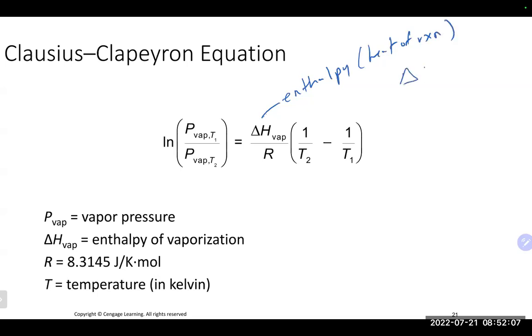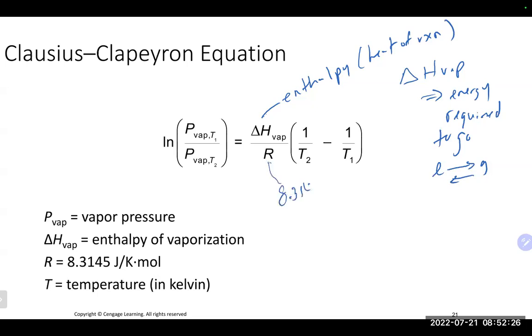So the delta H of vaporization is the energy required to go basically from the liquid state to the gas state, or backwards, basically. R is the gas constant, and it is the 8.314 version of it, since this deals with energy. So this is the one that we use.